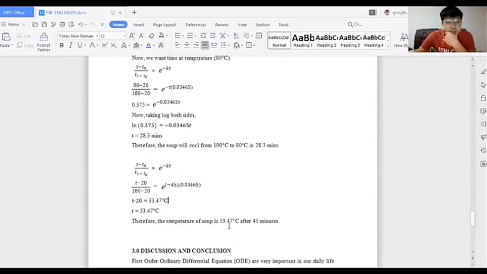Therefore, the temperature of the soup is 53.47 degrees Celsius after 45 minutes. Okay, that's all for me for my explanation.